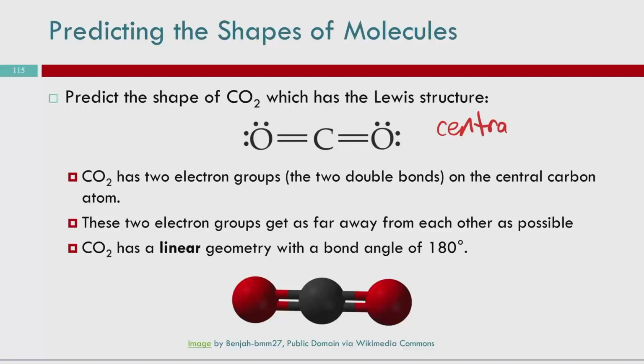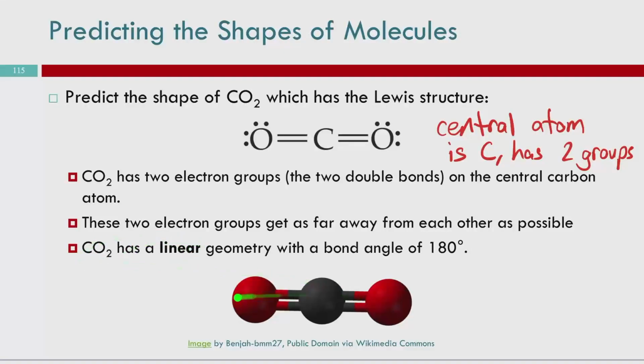We're primarily focusing on the central atom because that determines the shape. So our central atom is carbon, and it has 2 groups. The furthest that 2 groups can get away from each other is on opposite sides. So we're spreading our electron groups as far away as they possibly can, which gives me a great opportunity to T-pose on the class.